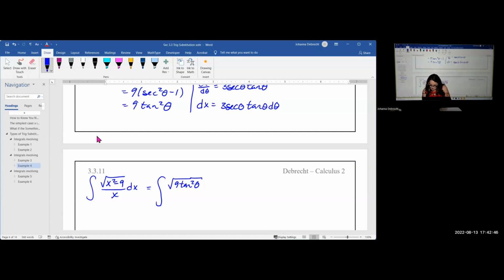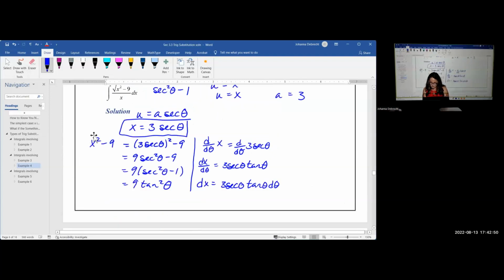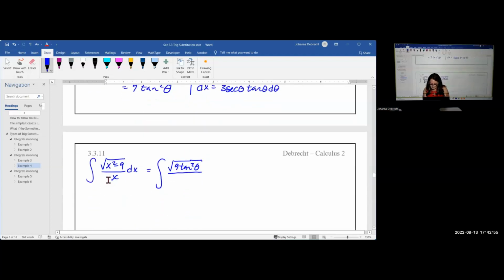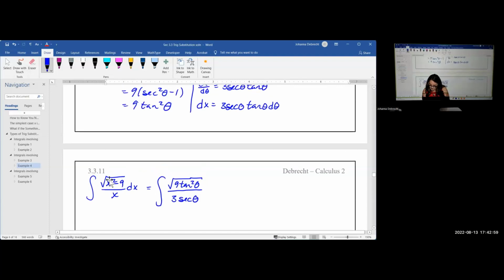that. So then in the denominator, our x becomes our substitution factor of 3 secant of theta that you see here. And then our dx, we can borrow from up above, is 3 secant of theta tangent of theta d theta. Now the secant of theta cancels and the 3 cancels.